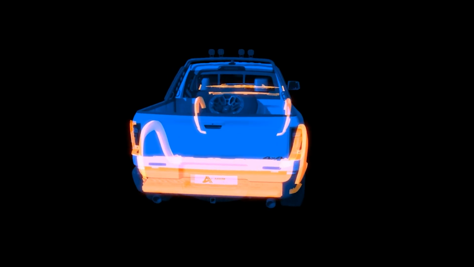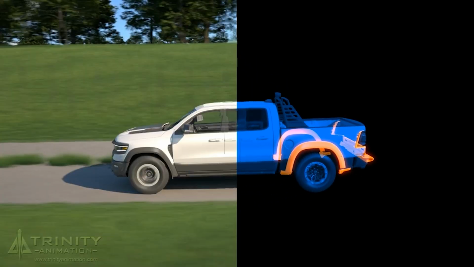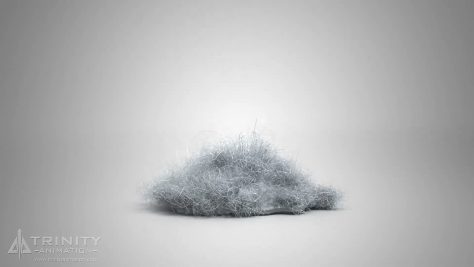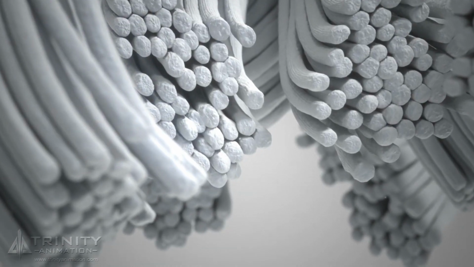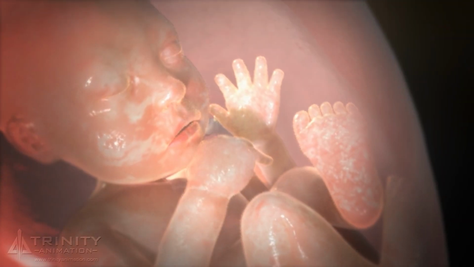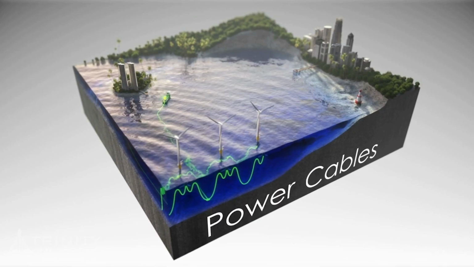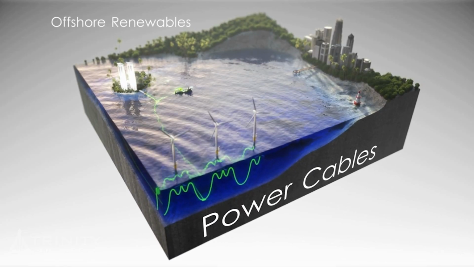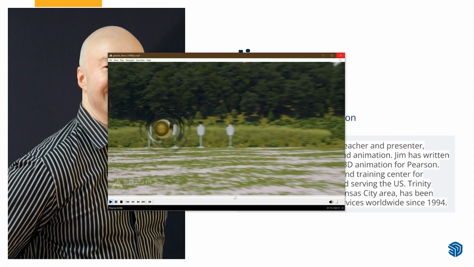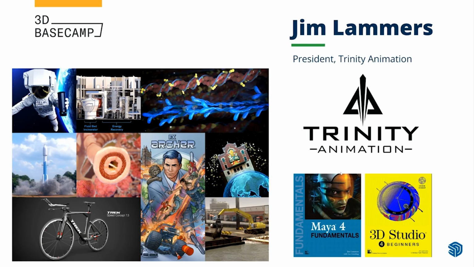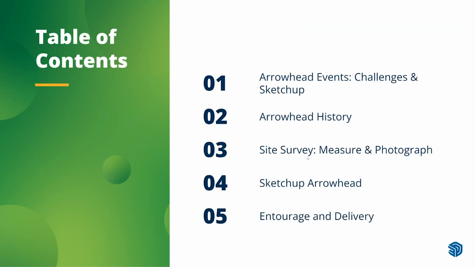But with some of the tools coming out, making those tasks easier for people to handle in-house, we're finding more and more we're doing complex 3D animations, like this fetal development animation, for example. All right, I'll pause this, and you can see the covers of a couple of the books I worked on, and we'll talk a little bit about Arrowhead.